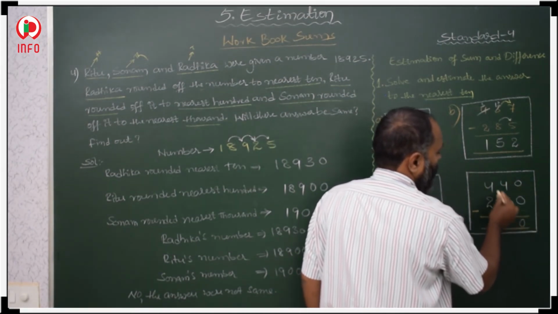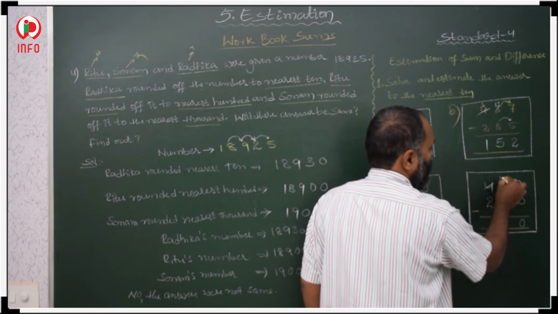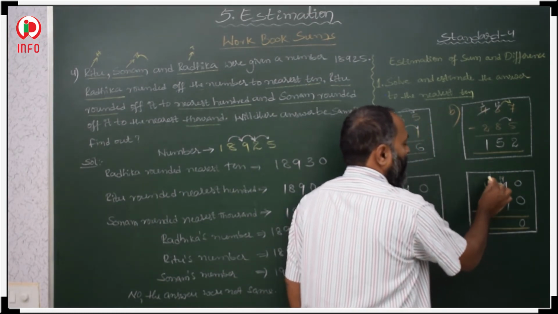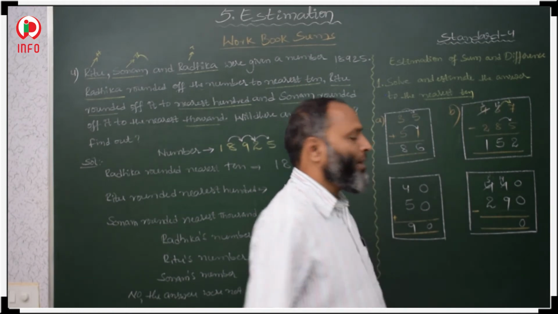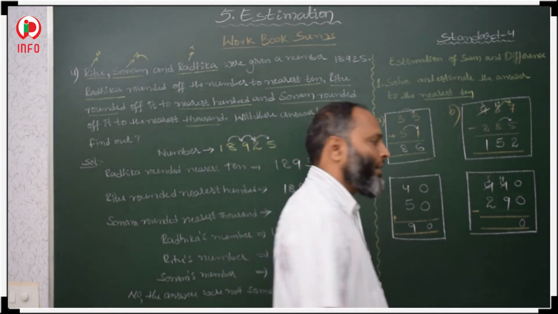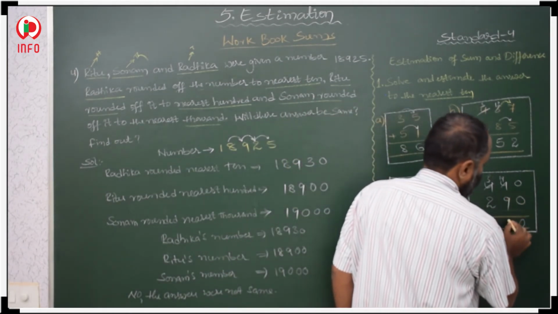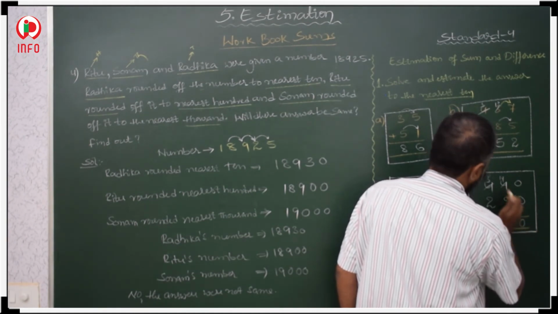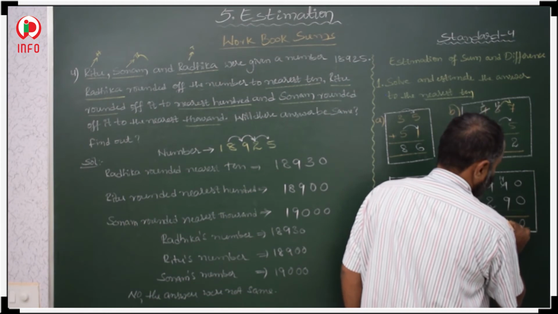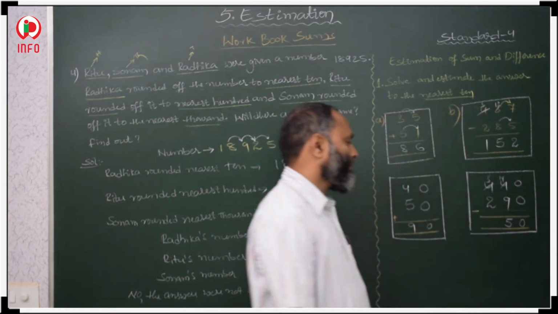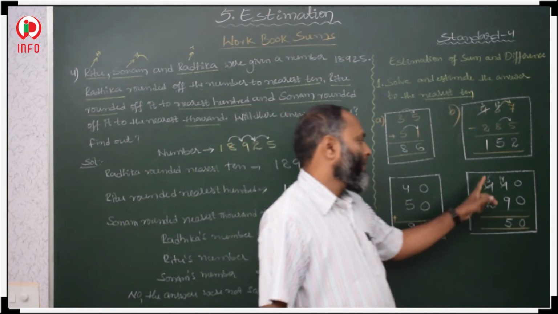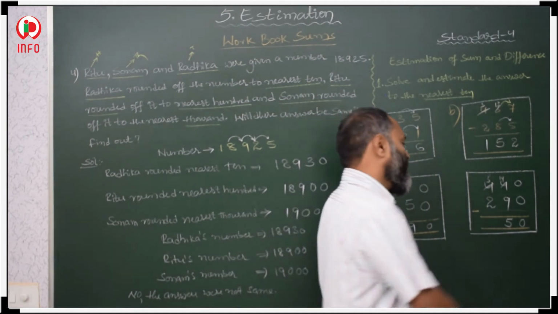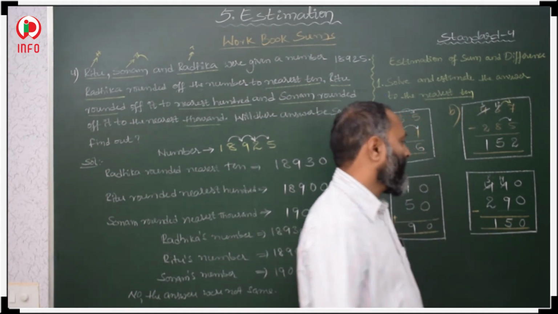0. And we take power from here. Here we will increase by 10. Here we will decrease by 1. 14 minus 9 is 5. Then 3 minus 2 is 1. 150.